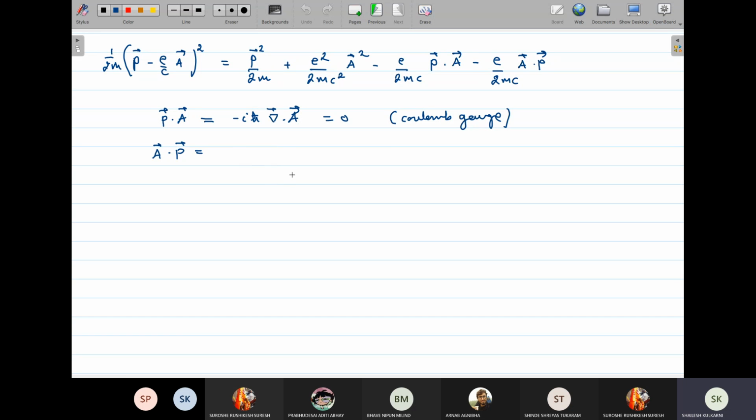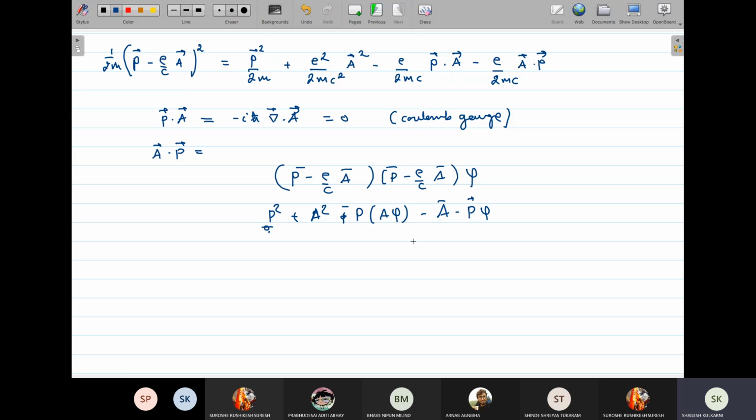There is another term which will be there, so let us consider P minus e by c A acting on phi. So this is P square, then there will be an A square term. Now P acting on A phi will come with a minus sign, minus A acting on P phi, so that is A dot P acting on phi.